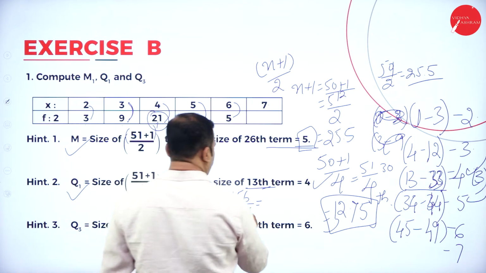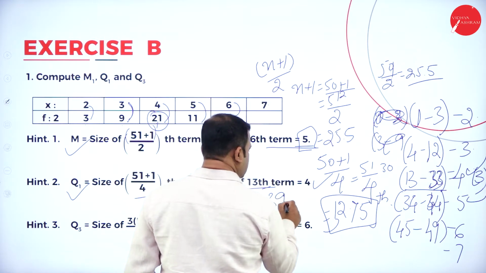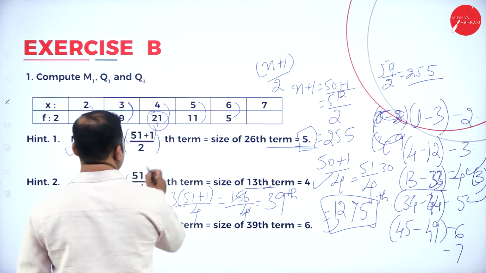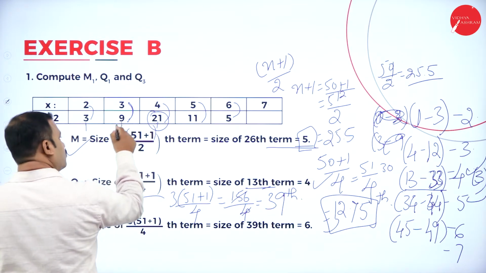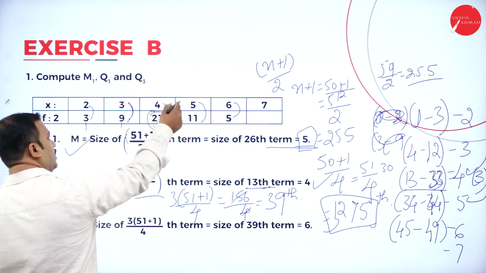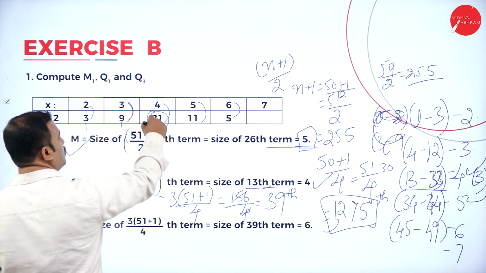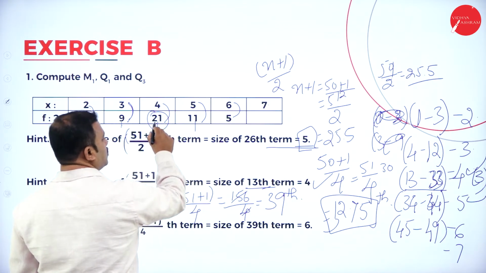156 by 4. That is equal to 4 3s are 12. 4 9s are 36. That means 39th term. Which is that 39th term here? Please see to it here. 3 plus 9, 12. 12 plus 21 is what? 21, 31, 32. 32 plus 11, 32, 42.